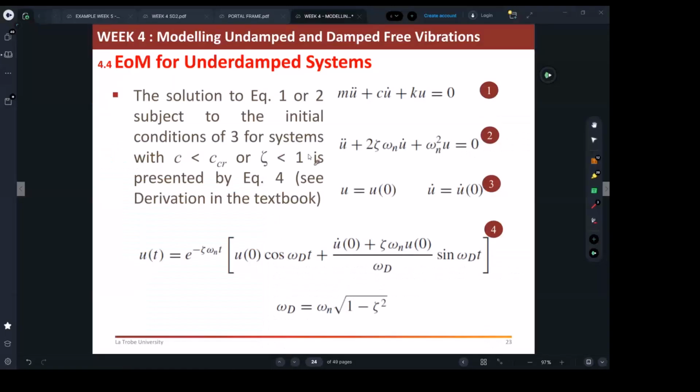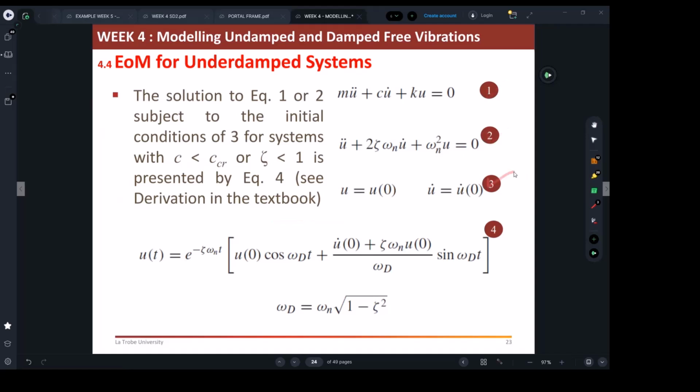So now we're going to continue the solution. We're going to assume we have this type of damping, and we're going to continue the solution, which I put again for you here. But again, I don't want you to worry about the math. Equations 1 and 2 are repeated from before.